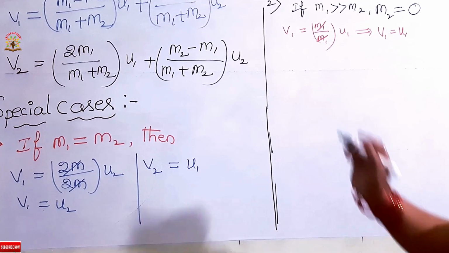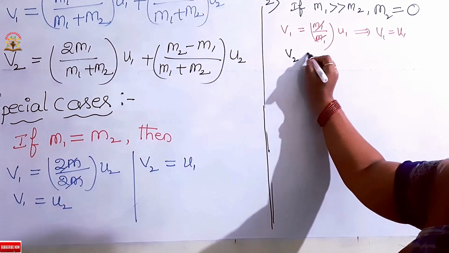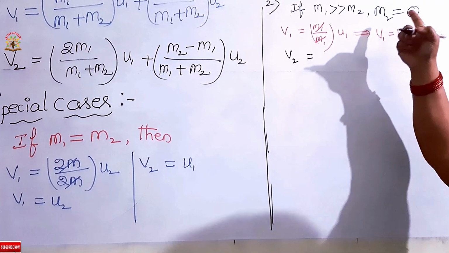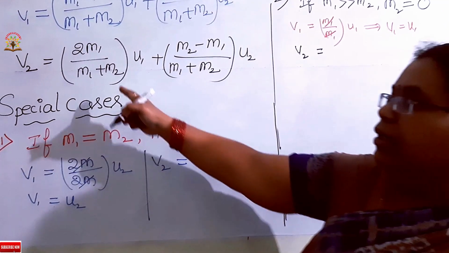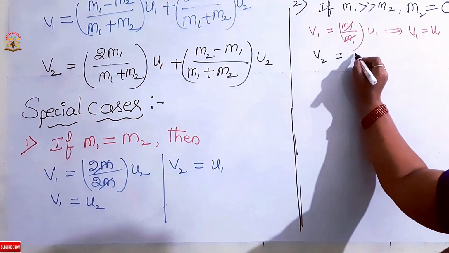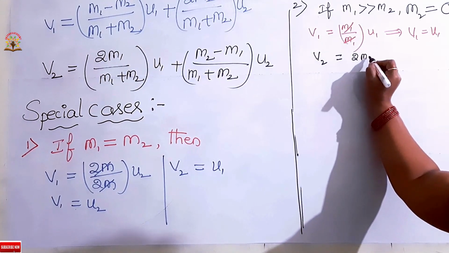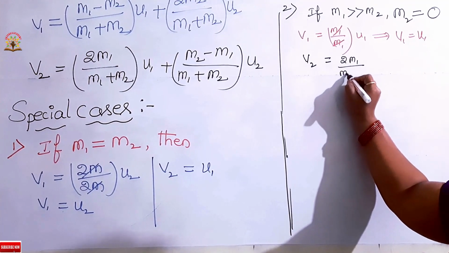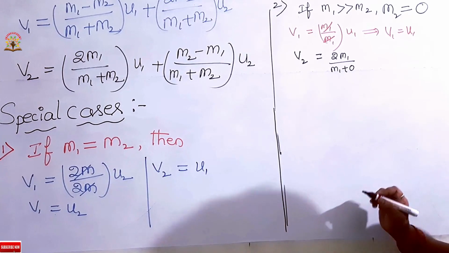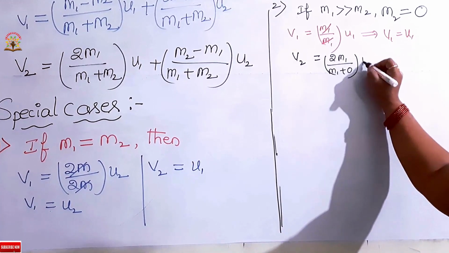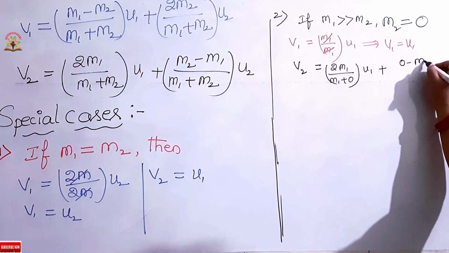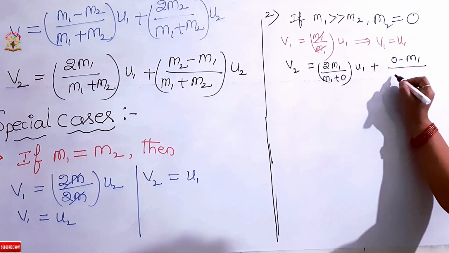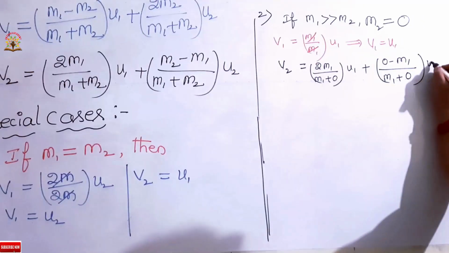Next, what is V2? Our condition is M2 is equal to 0. Here we have to write in the place of M2, 0, of U1 plus 0 minus M1 by M1 U2.